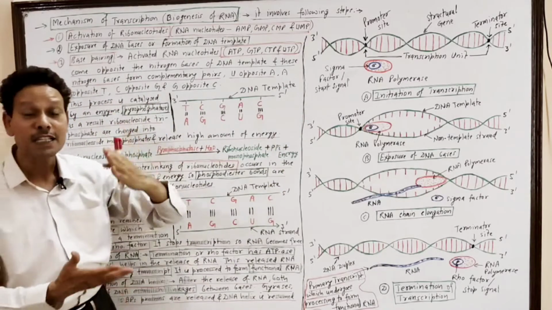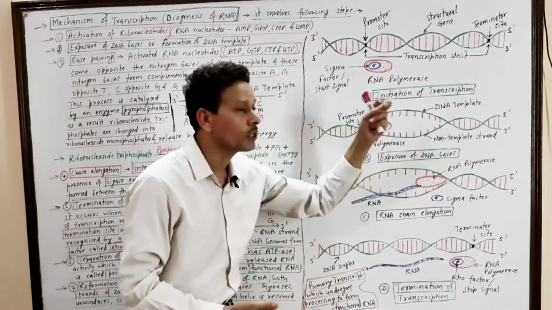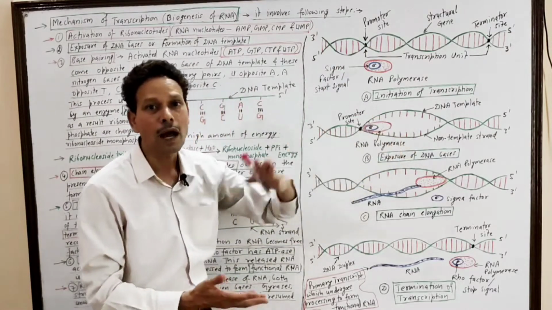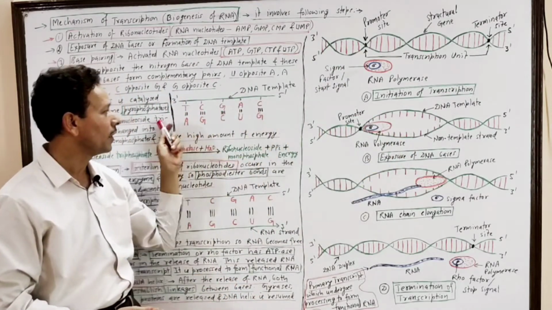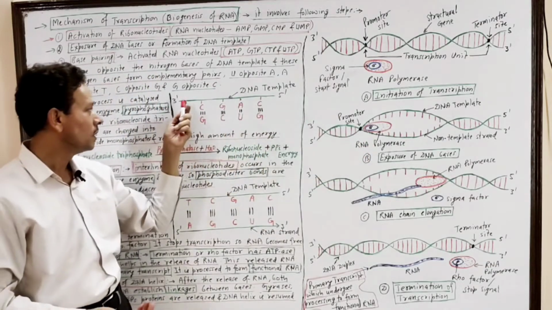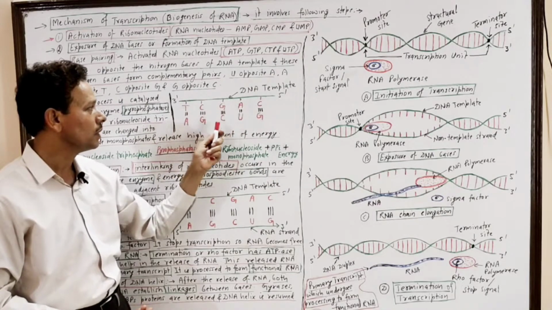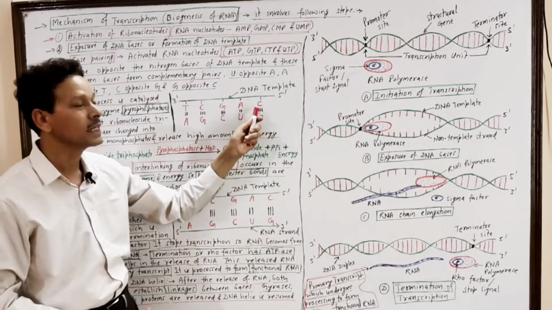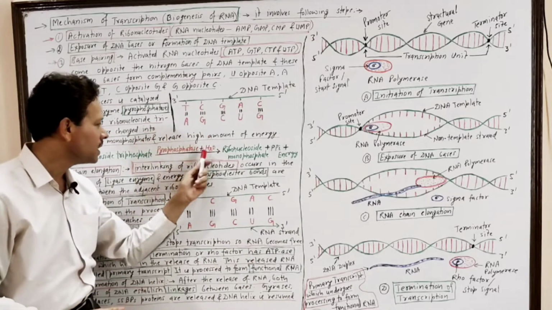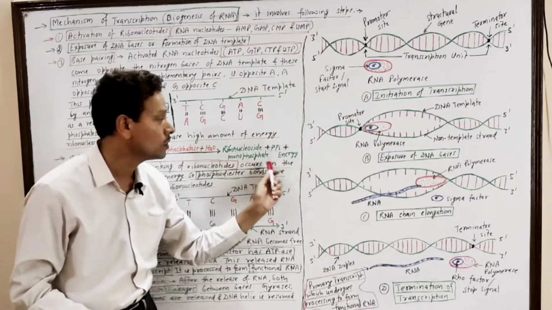Dear students, base pairing means the exposed nitrogen bases of the DNA template come opposite to the activated nitrogen bases of RNA. This is complementary base pairing, in which T pairs with A, C with G, G with C, A with U. This entire base pairing is catalyzed by the enzyme pyrophosphatase in presence of water and it releases a huge amount of energy.